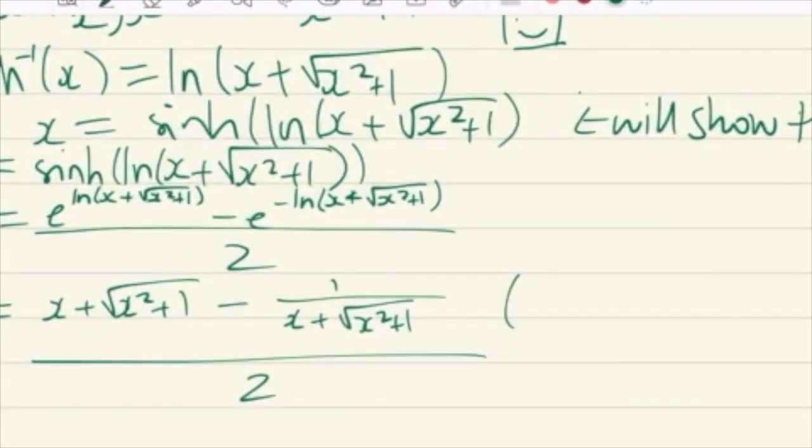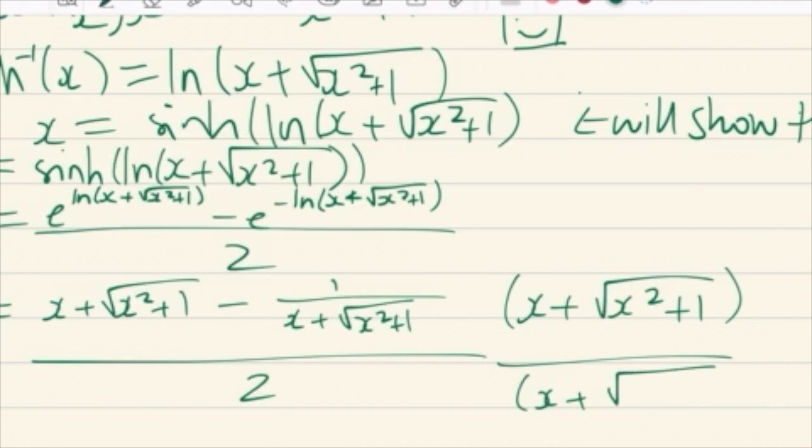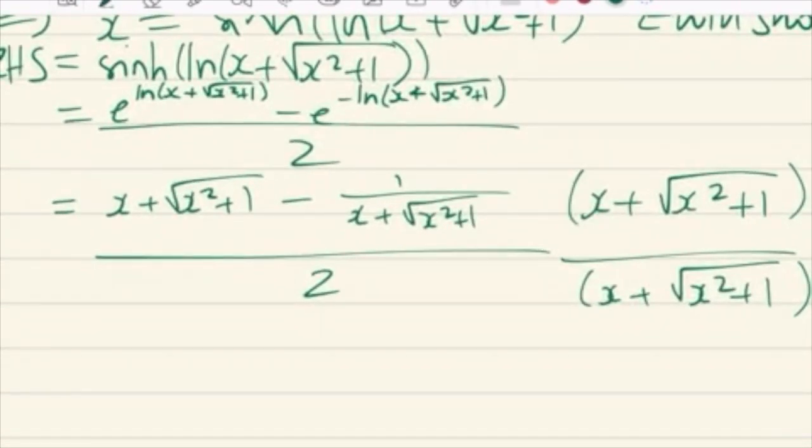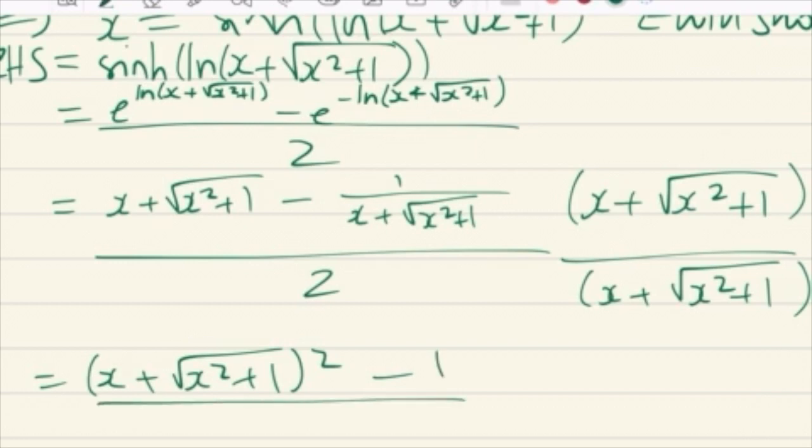And we'll multiply top and bottom by this to get rid of the fraction on the top. So get x plus this all squared minus 1 over 2.